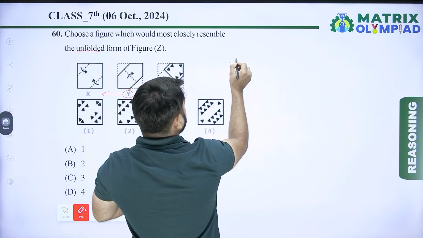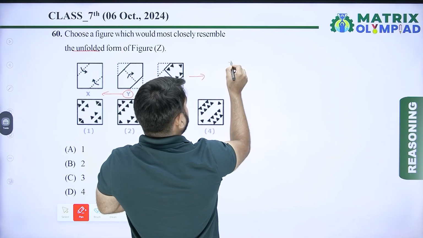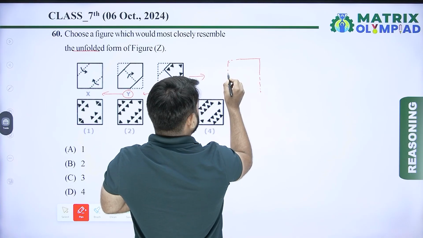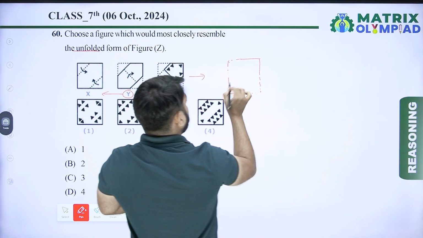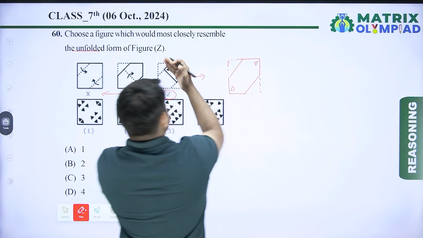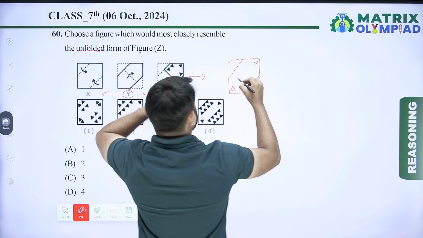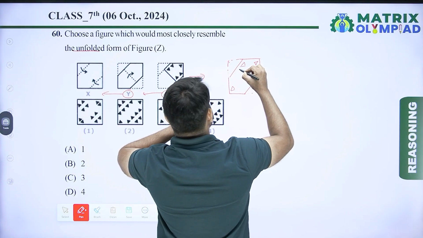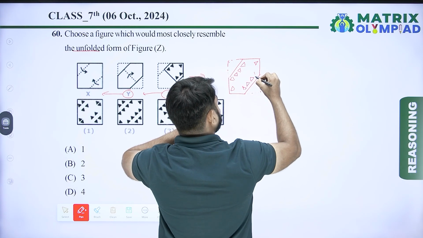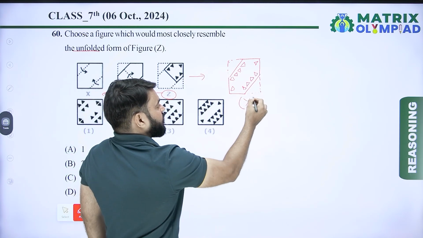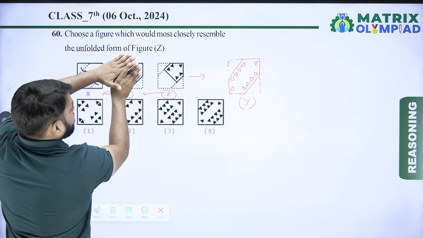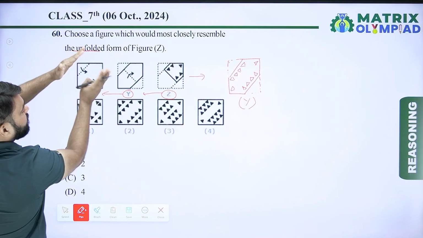So it means unfold the Y, unfold the Z, then we got the mirror image of this part, which will look something like this. Okay, this is Y. Now unfold the Y, then we got X. Unfold the Y in this direction because X has been folded in this direction.